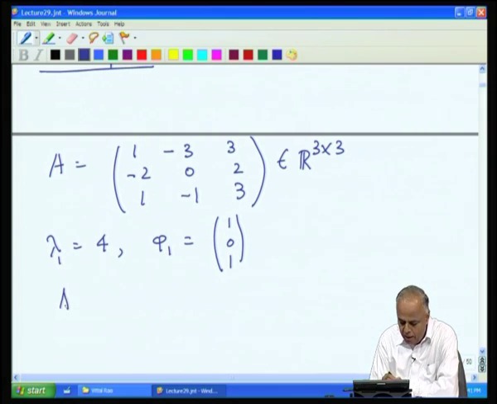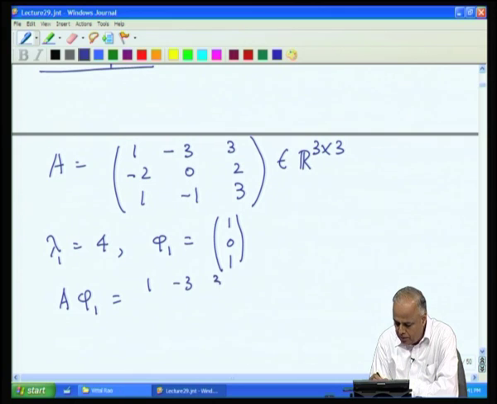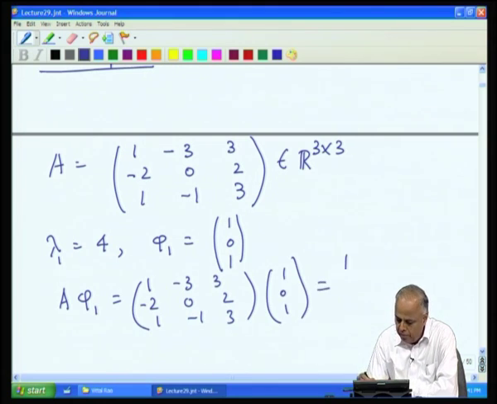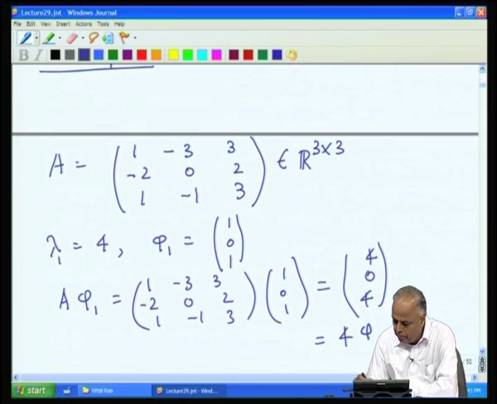We now verify that A phi 1 is this matrix multiplied by 1 0 1, and when we multiply we get 4 0 4, which is 4 times phi 1.